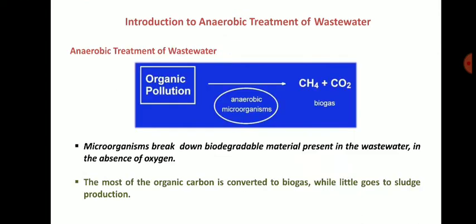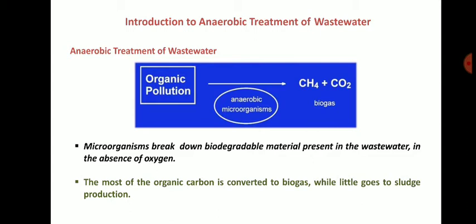In anaerobic treatment of wastewater, anaerobic microorganisms, in the absence of oxygen, convert organic matter into biogas, that is methane and carbon dioxide. So most of the organic carbon is converted into biogas and little sludge is produced, that is, few microorganisms are produced in anaerobic treatment.